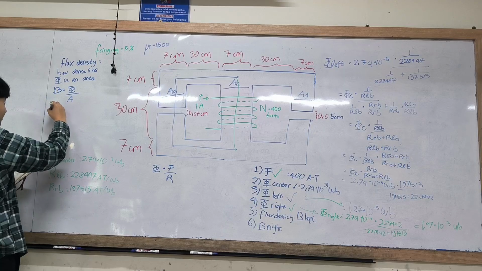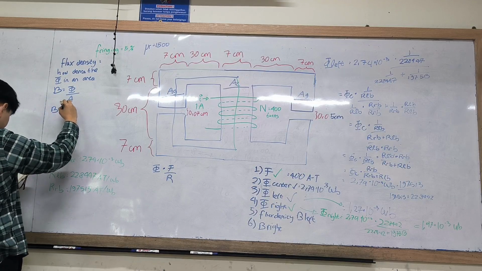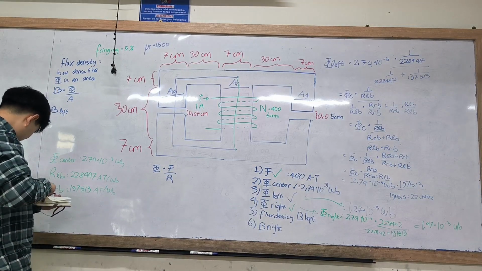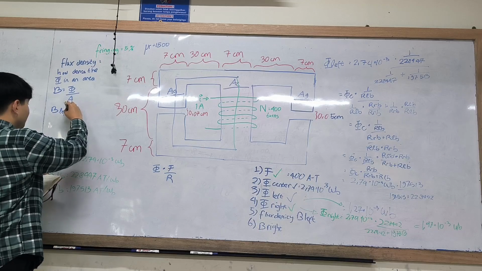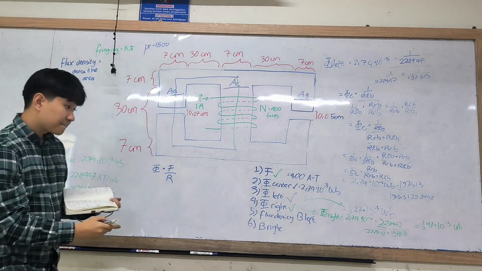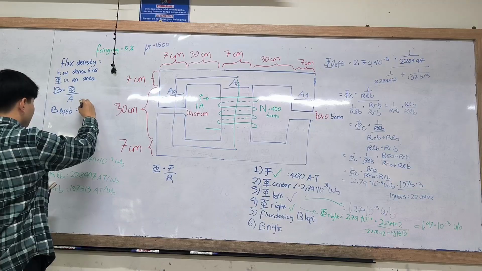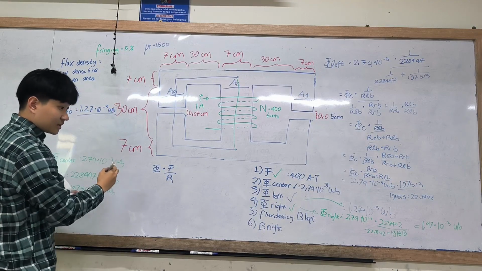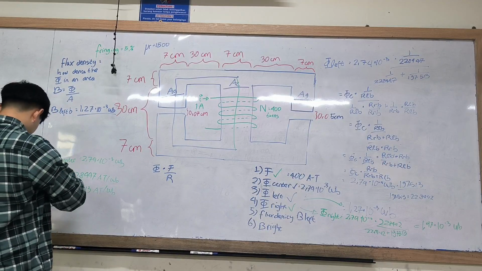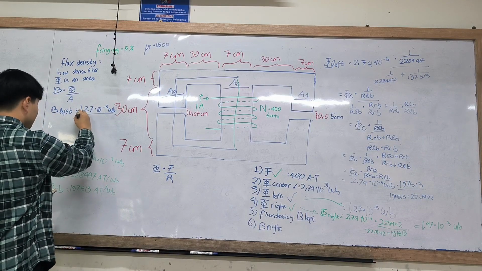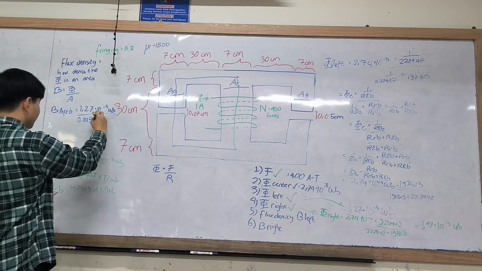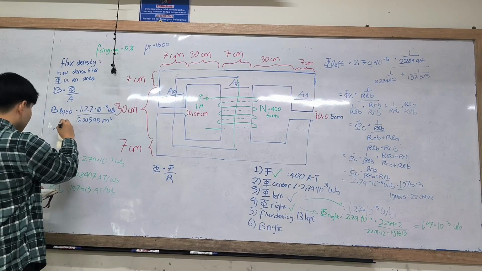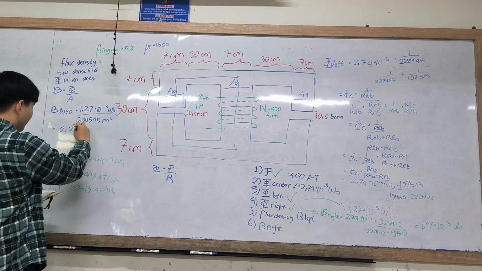So to get the flux density of the left branch, it would be 1.27 times 10 to the power of negative 3 Webers divided by the area, which is 0.00545 meters squared, which we have found here. And the result would be 0.247 Teslas.